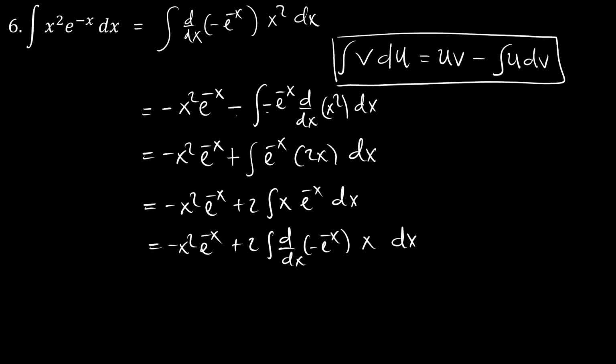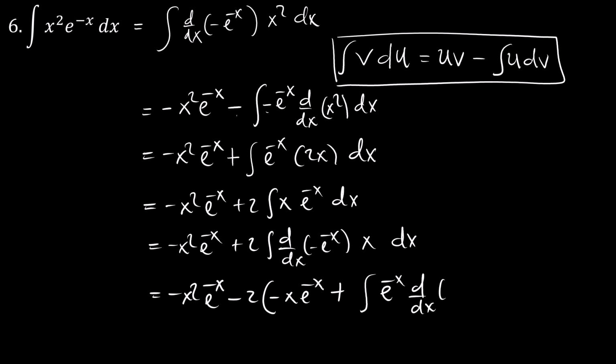So we have x squared e to the negative x, minus 2. We have negative x e to the negative x. And then we come down to plus, because we have a minus here, integral of e to the negative x, the derivative of x.